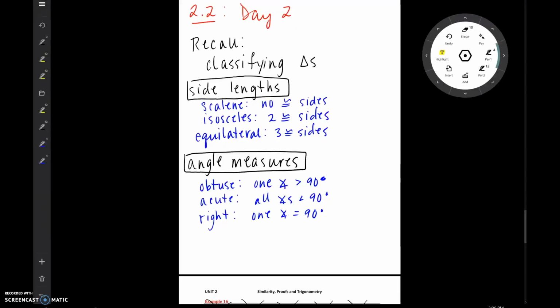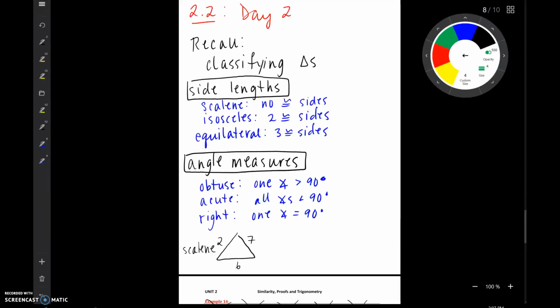Right now, we haven't been able to classify angle measures if we've only been given 3 side lengths. If I look at this triangle, I know right away that it's scalene because no sides are the same, but I can't say for sure whether it's an obtuse, acute, or right triangle. So we would just say that our drawing is not to scale.